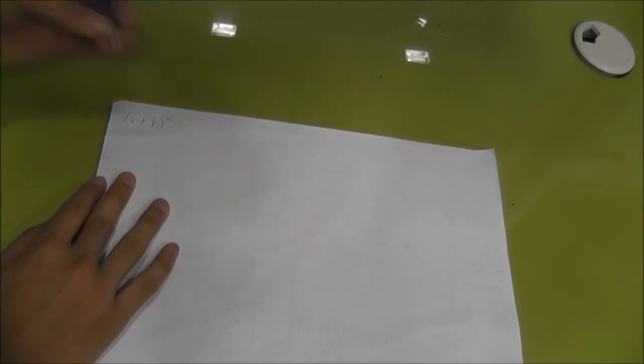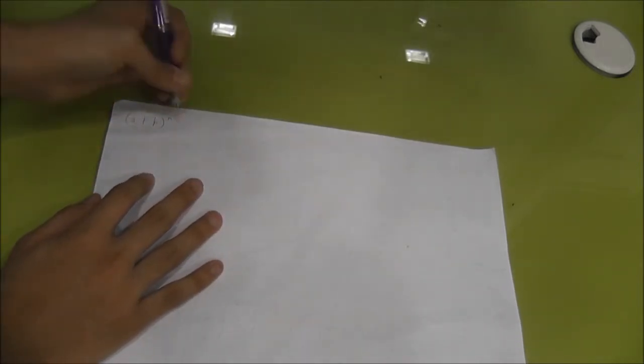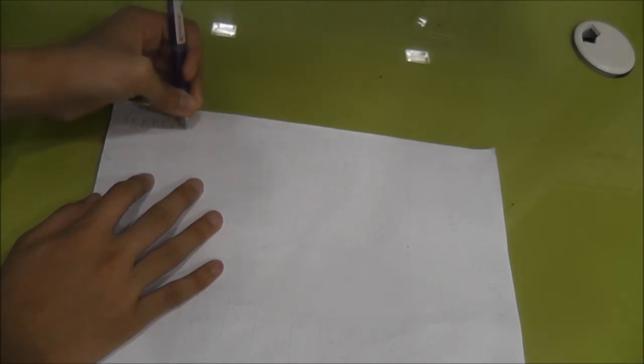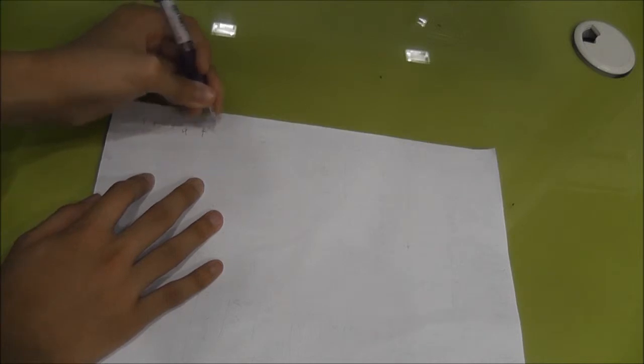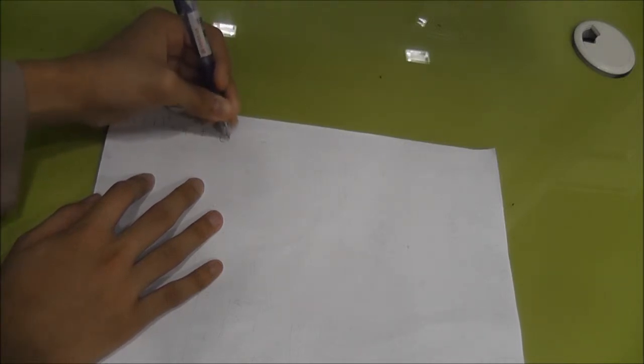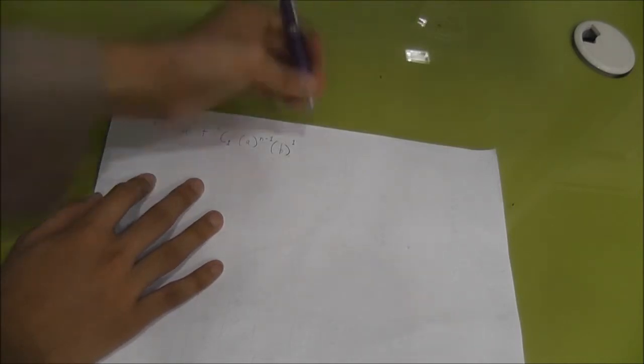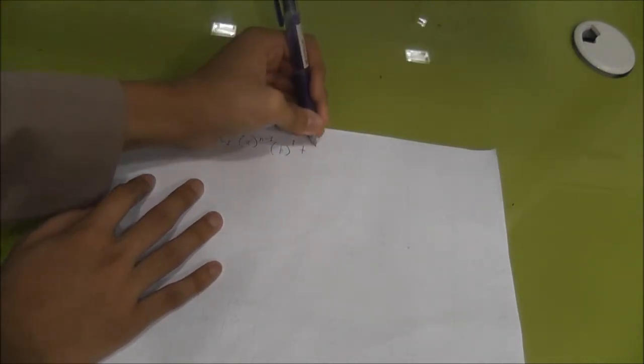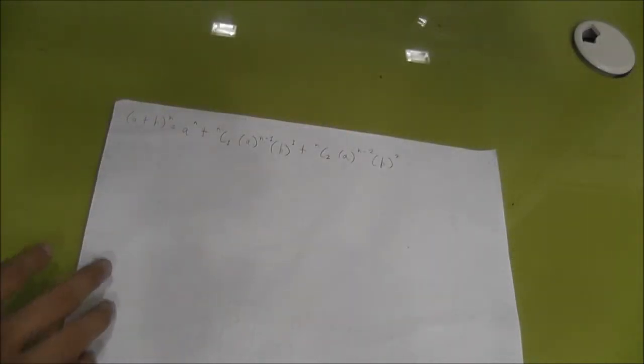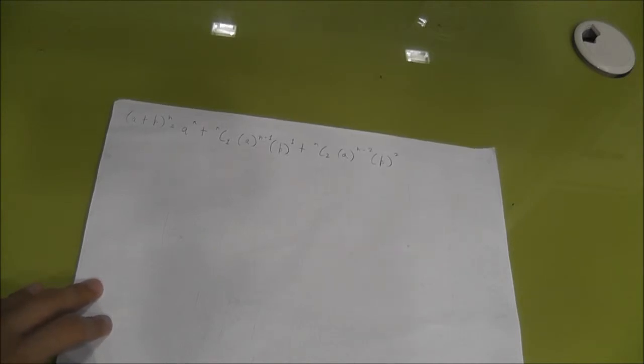You want to expand to actually get a power of n plus nC1, where this is the first term and this is the second term, this is the third term, and it continues. That's how you expand any binomial, anything like this.